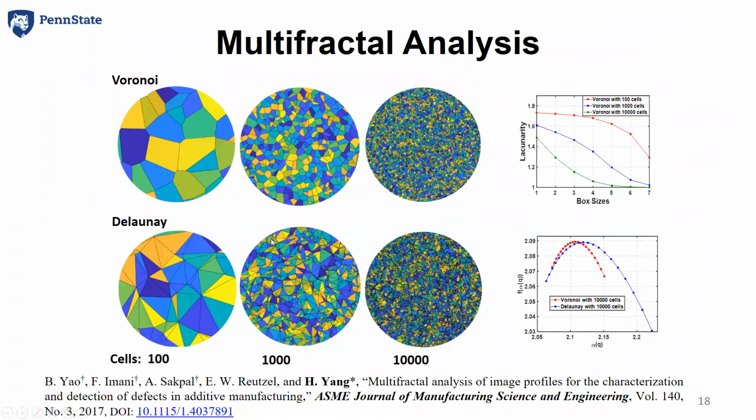We have a paper on multifractal analysis of imaging profiles for characterization and detection of defects in additive manufacturing. Basically, we look at each layer in multi-resolution and characterize the geometry in each layer. Based on the multiple spatial scale distribution, we characterize the defect.